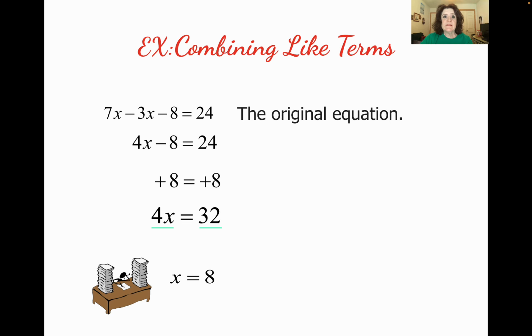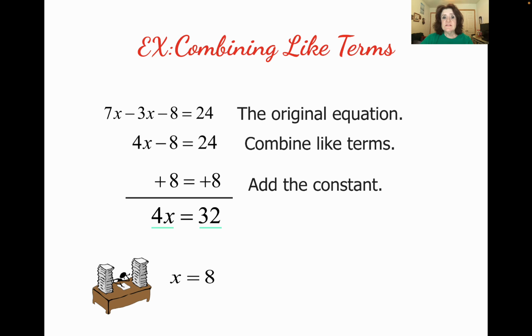It just has combine like terms. So I combined 7x and negative 3x to make 4x, right? Combine like terms. Add the constant, so I'm going to add 8 to both sides, and divide to solve. Divide both sides by 4 to get 8.